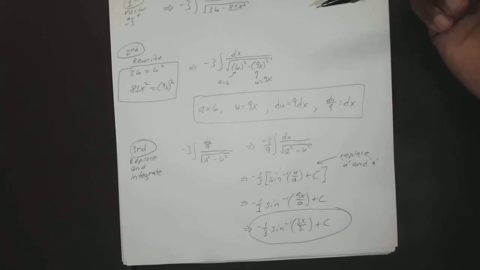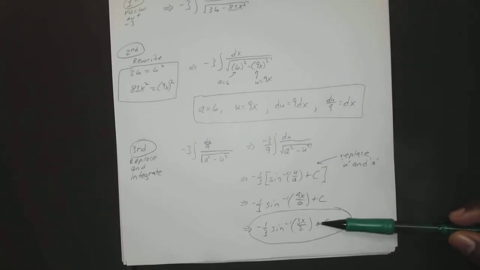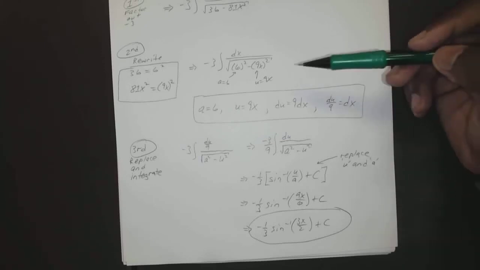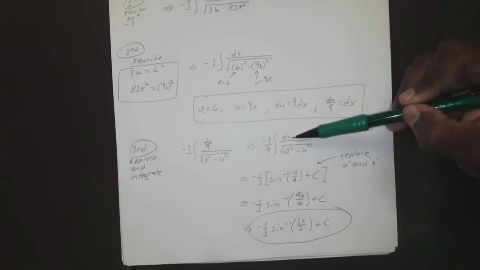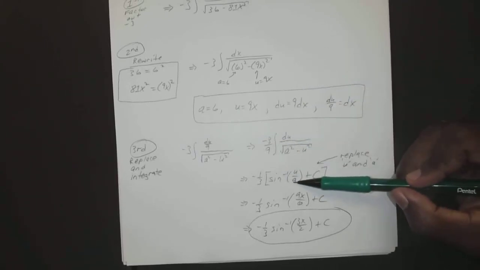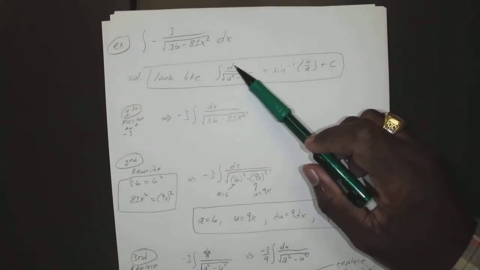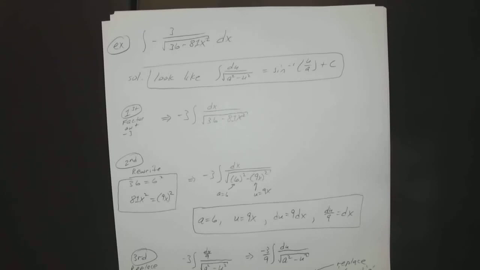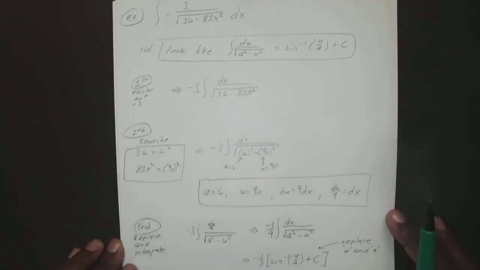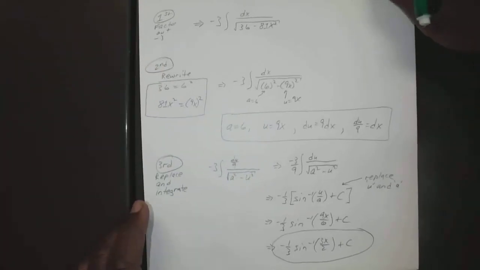Oh, that's for secant, which has the 1 over a. Right, but in this one we have du over. Oh, you mean for this step? Yes. That goes to the integral here. Yep, so it's just that formula. Once we get it in that form, it just integrates right to there.